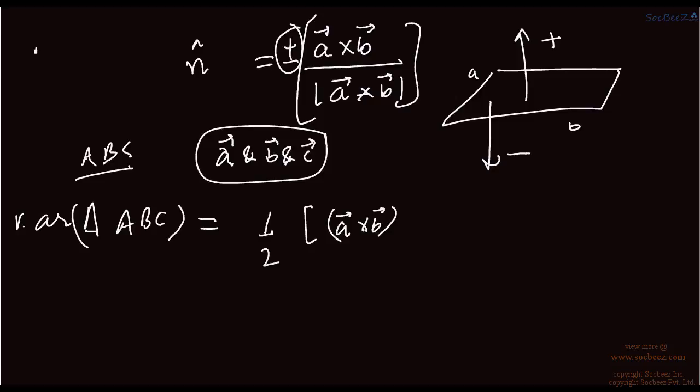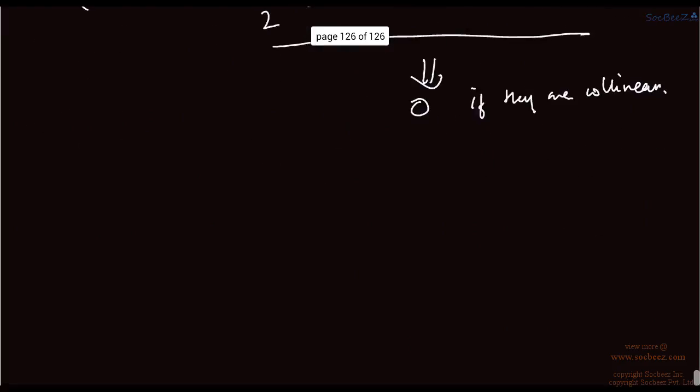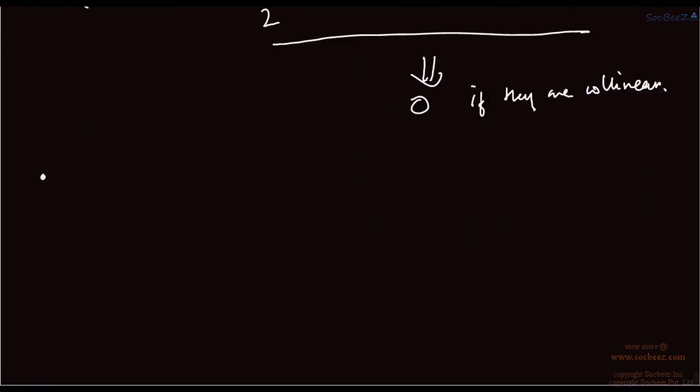So you will find the cross product of A and B, that is A cross B, then you'll add it with B cross C, then you'll add C cross A, fine, and you'll take half of that. Then you'll get the vector area of the triangle ABC. And if you want to know that they are collinear, then this area should be 0 if they are collinear, fine.